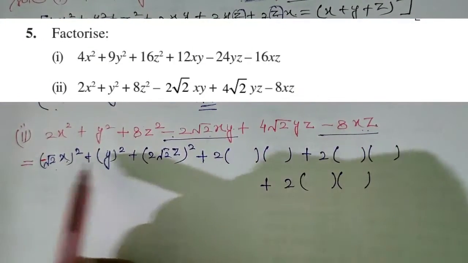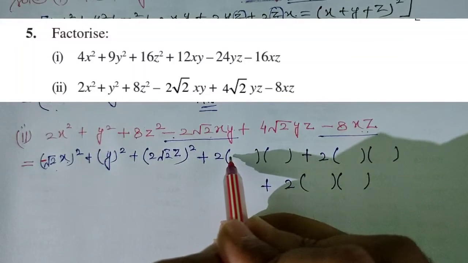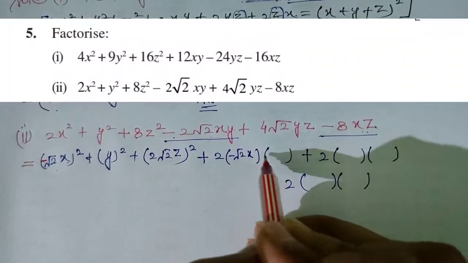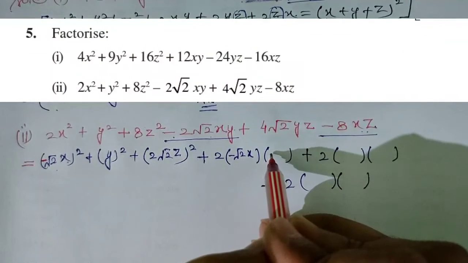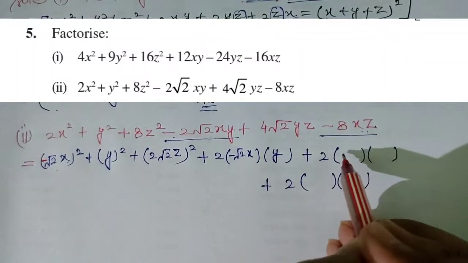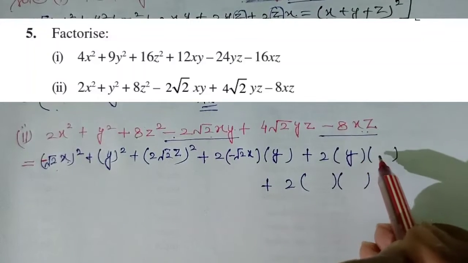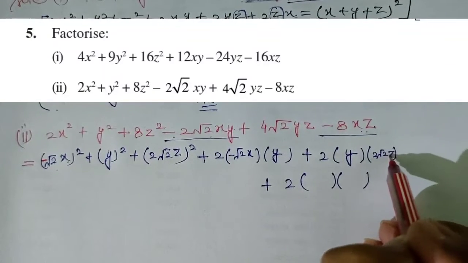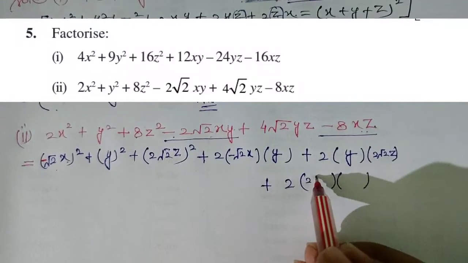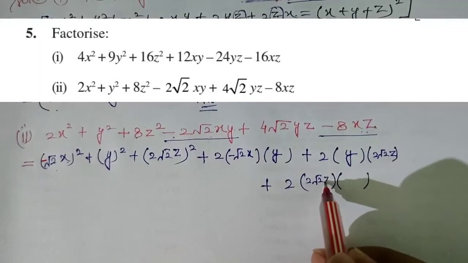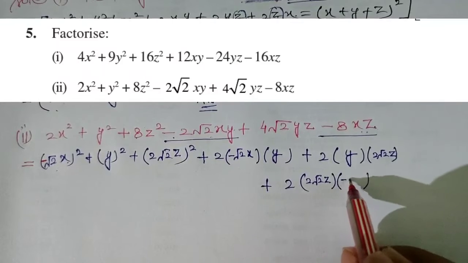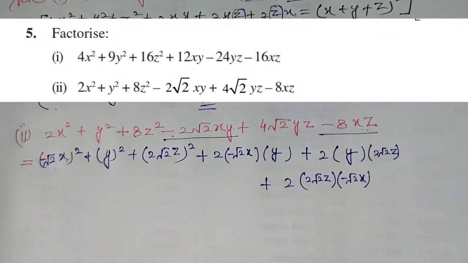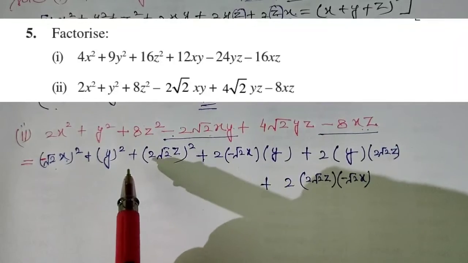Now just place all the numbers like this: minus root 2x, and second term is y, 2 root 2 z, 2 root 2 z, and minus root 2x. In this way you will find the answer.